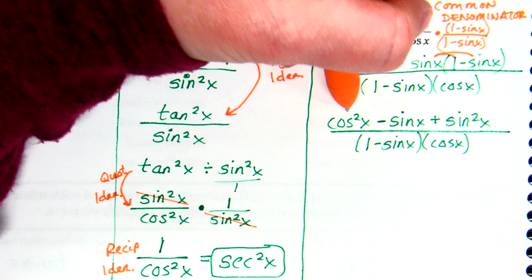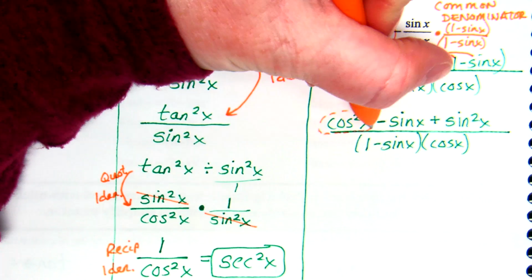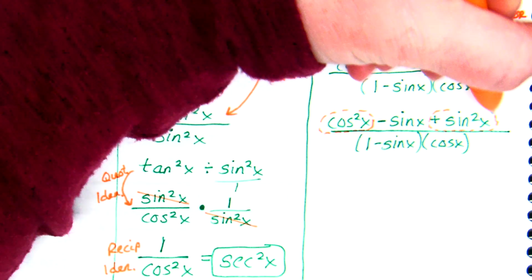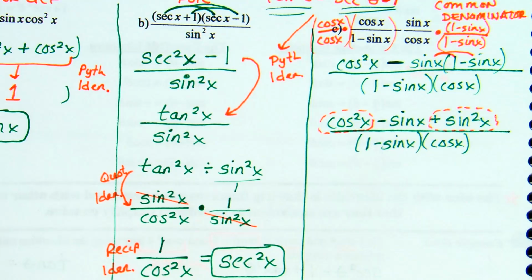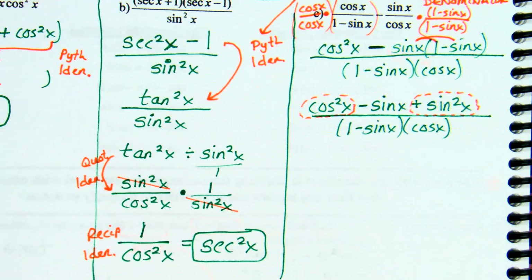I see cosine squared x and I see sine squared, because you can rearrange it where it's negative sine x plus cosine squared x plus sine squared x. Okay, so, yeah. What I'm trying to lead you to, since some of you are seeing it, is the Pythagorean identity here.